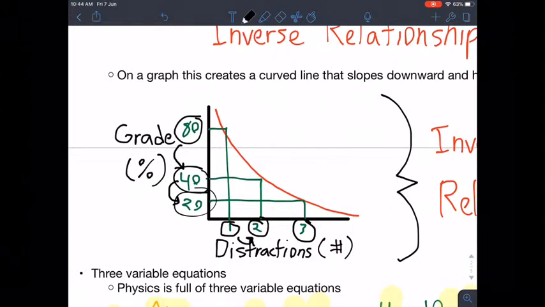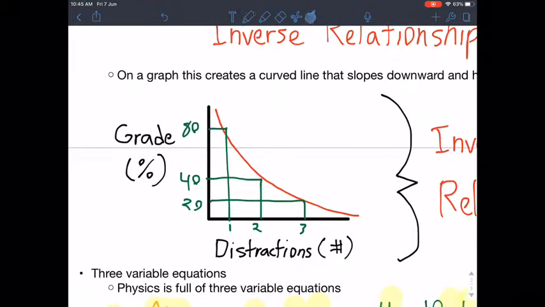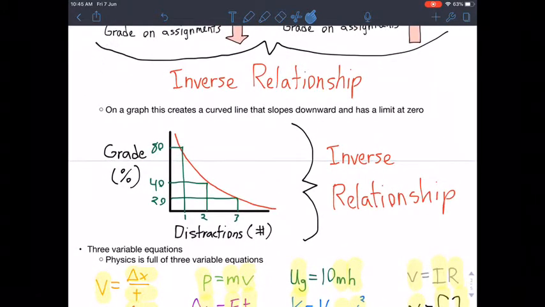That's actually the wrong number, I just realized. That should be 1/3 of 80, whatever 1/3 of 80 is. All right, but you get the basic idea that the number is not decreasing the same amount every time. It's not a straight line, it's a curve. Okay, and that is an inverse relationship.